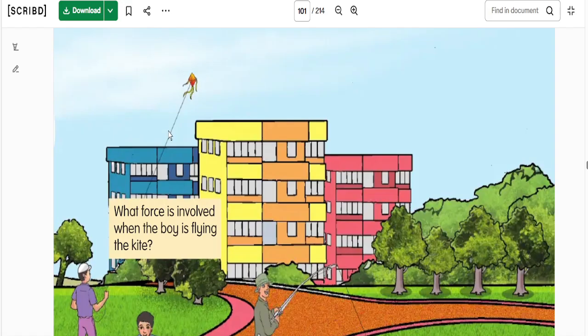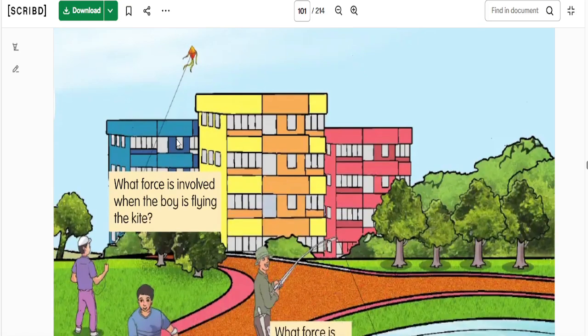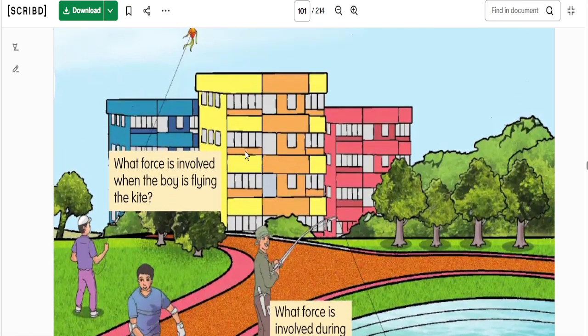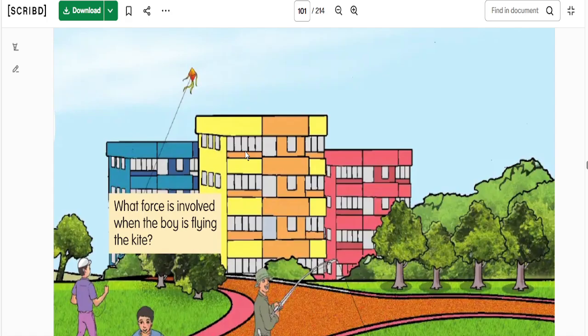Like when you are flying a kite, what force is involved when the boy is flying the kite? What do you think? Yeah, basically he is dragging it, right? When we fly a kite, there is air resistance, which is also called drag, the force of the air pushing against the kite.